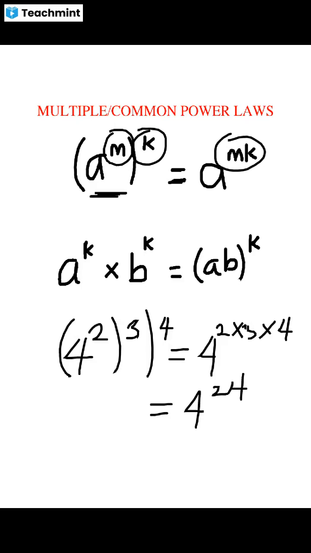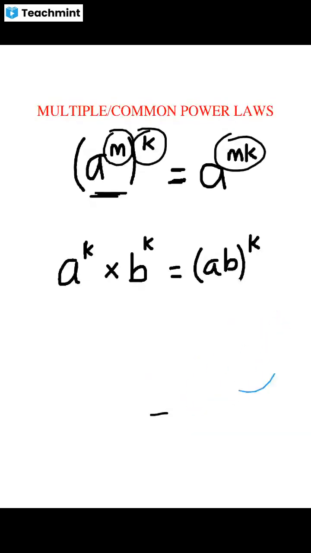That's it. Then we have the common power law. Everything that we have been doing so far has the same base. We have a raised to power this multiplied by a raised to power this. So that's what we have been having.